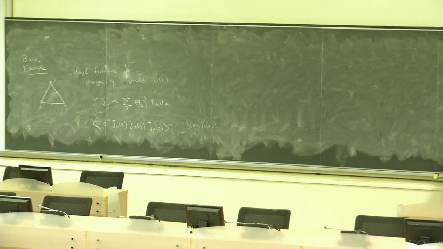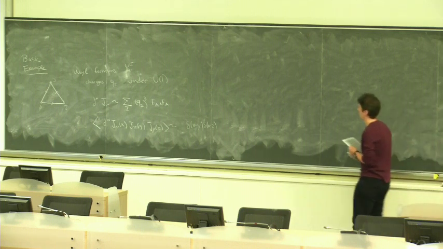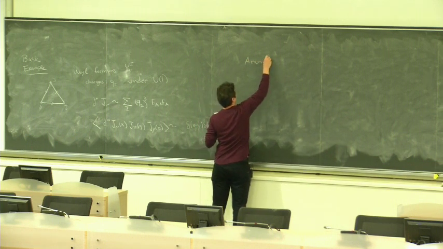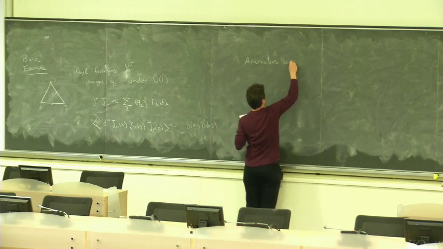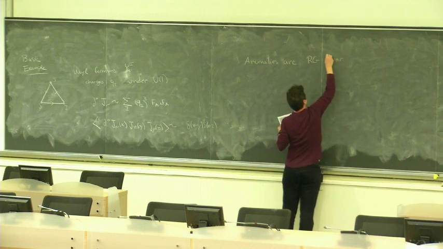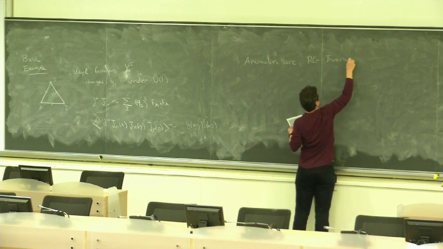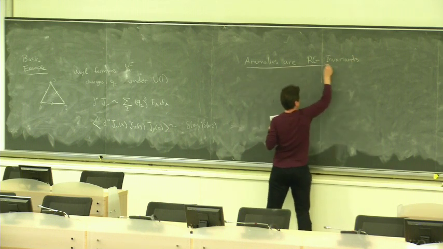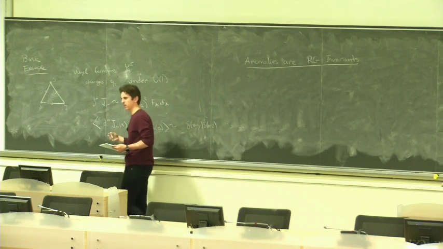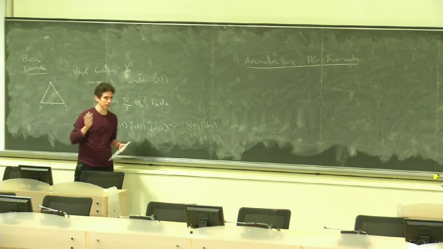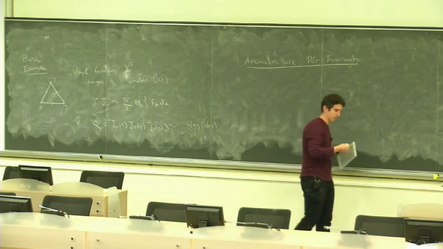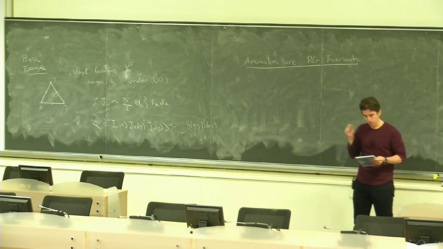So what we're going to try to sketch is the basic reason why anomalies, as we've defined them here, are renormalization group invariant. So I'll give you a bit of a hand-wavy, sketchy proof, but it contains the kernel of an argument. There are actually lots of ways to prove this, and it's really only when you see 3 or 4 together that you start to really believe that it's true. But here I'll give you one.